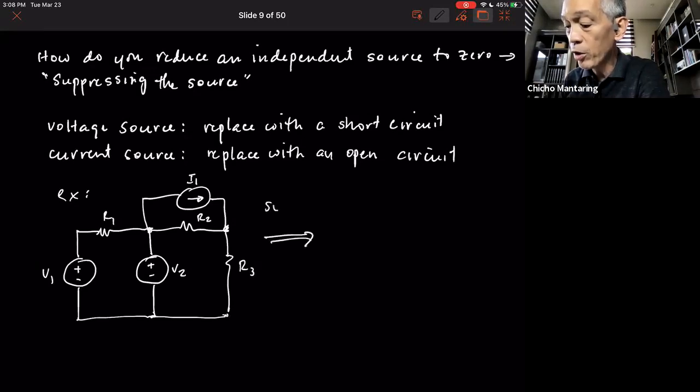If I suppress my sources, what is my circuit?